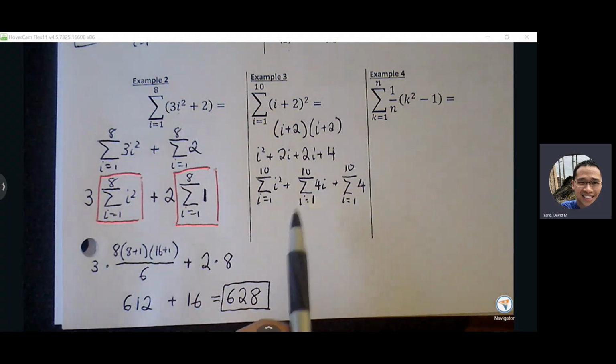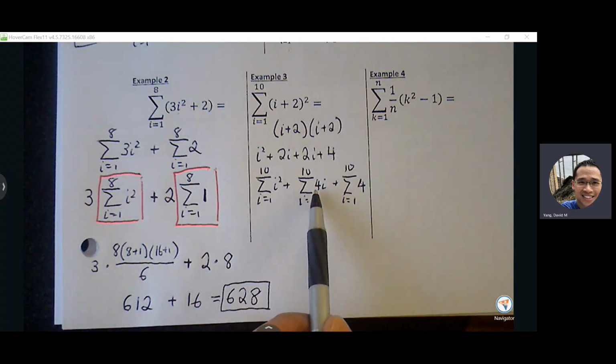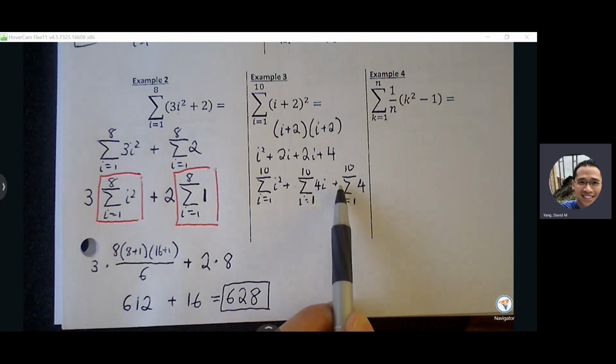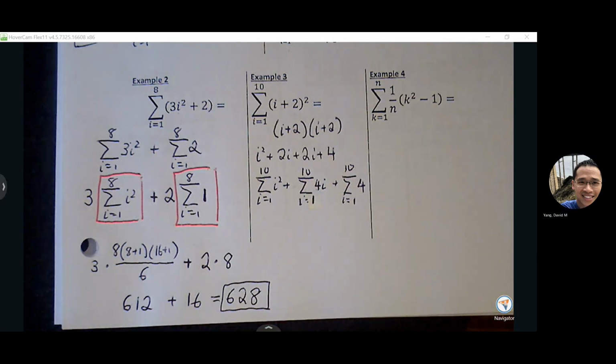Okay, to make it easier for me to identify the rule, I'm going to pull the coefficient that doesn't quite match with my rule out in front. I'll make this 4 summation i. I'll make this 4 summation 1.